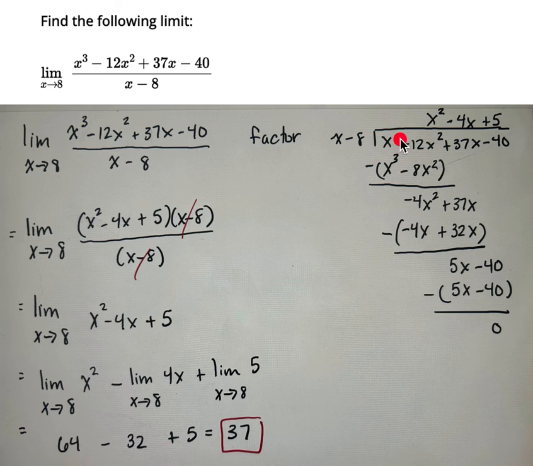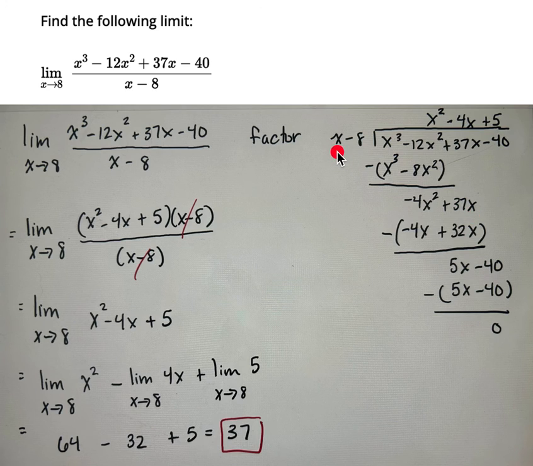So when I take x to the third minus x to the third, that drops out. And then when I take minus 12x squared minus a negative 8x squared, that's going to give me a minus 4x squared. Then I'm going to pull down the 37x and repeat the process.